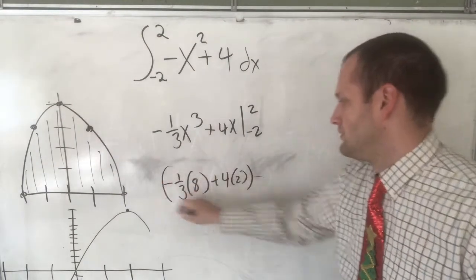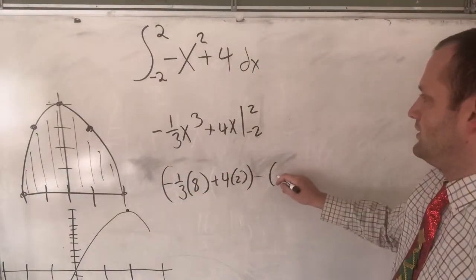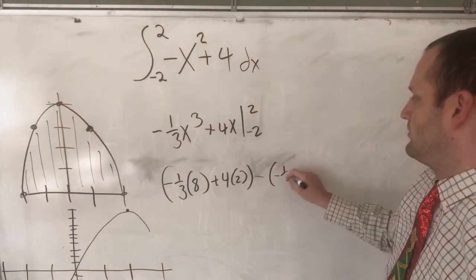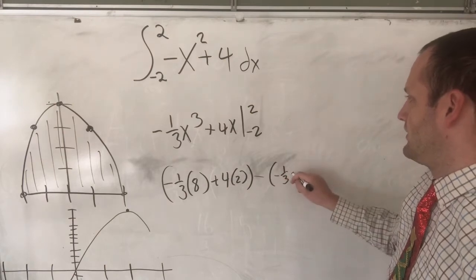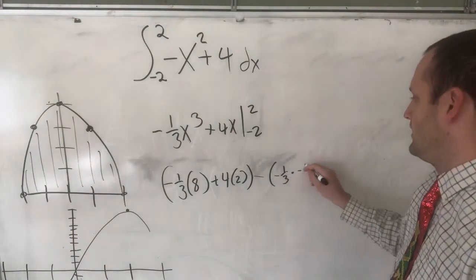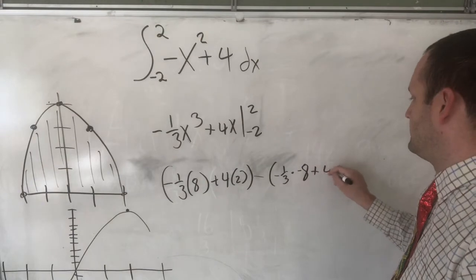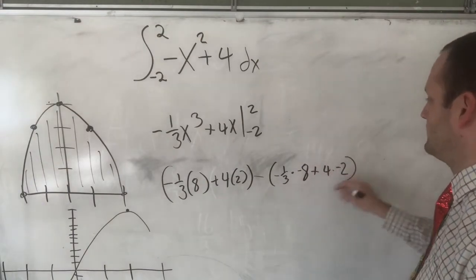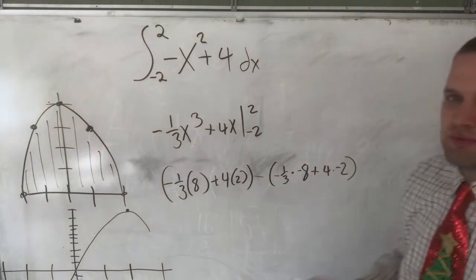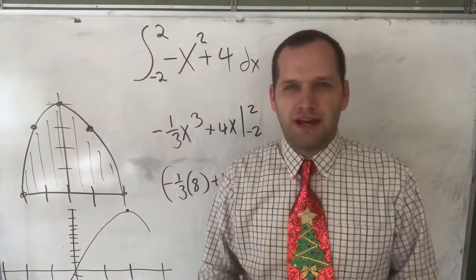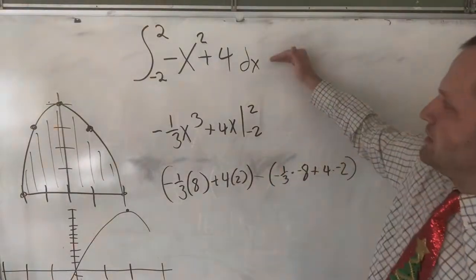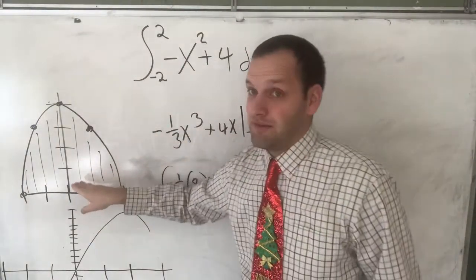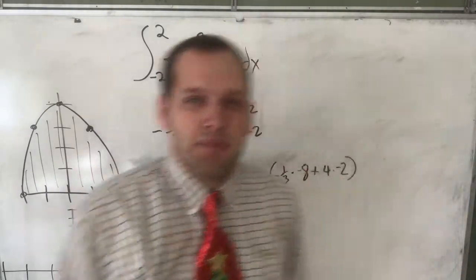Minus -1/3 times -8 plus 4 times -2. And let's just stop right here and look at what's actually happening, okay? This is the equation that modeled the graph that we were trying to find the area under, but then we integrated it.